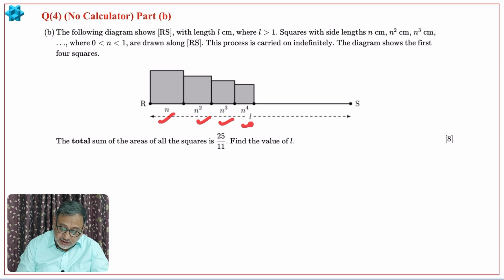So look here, they are given, okay, are drawn along the line segment RS. This process is carried on indefinitely. The diagram shows the first 4 squares. The total sum of the areas of all the squares is given. Find the value of n, L. So sum of the areas of the squares is given.